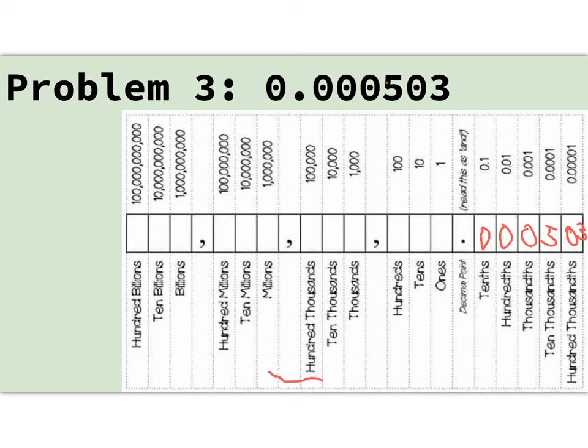So going this way to the left, after 100,000 thousands come millions. So what do we have here? We're going to read the number as it's written without the zeros. So this will read 503, but the last digit tells us our place value. So this is 503 millionths, with a THS at the end. 503 millionths.